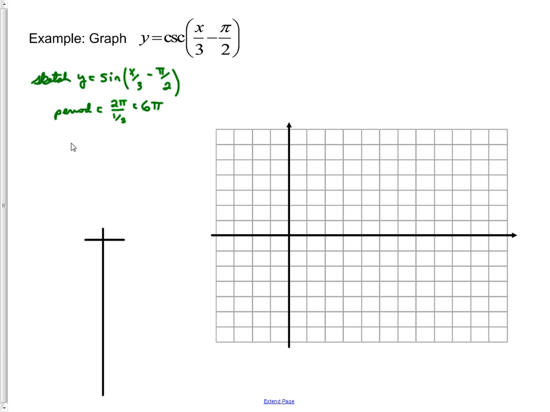Now, if we wanted to deal with key points, of course, the key points are going to be spaced at 1/4 of that period apart. So 1/4 of 6 pi, multiply together, reduce, gives you 3 pi over 2.